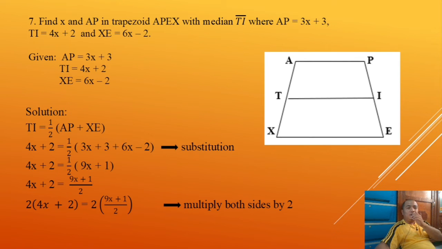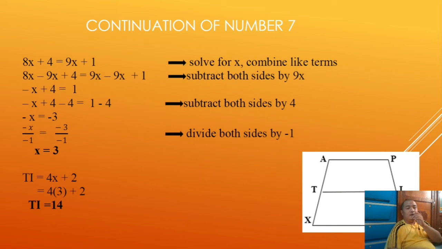But we're trying to find AP. That is the question. So what is AP? AP is 3x plus 3. So 3 times 3 is 9, 9 plus 3 is 12. AP is equal to 12.